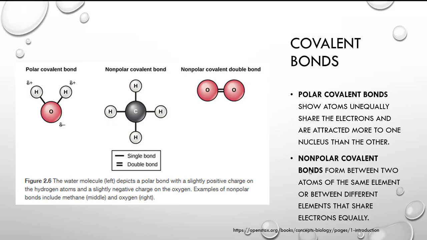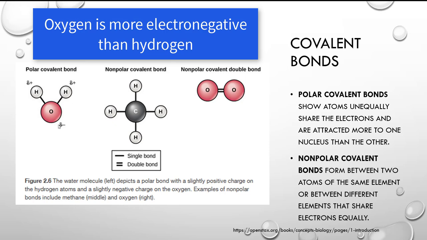In a polar covalent bond, we have an unequal sharing of electrons. This has to do with one atom being more electronegative than another.